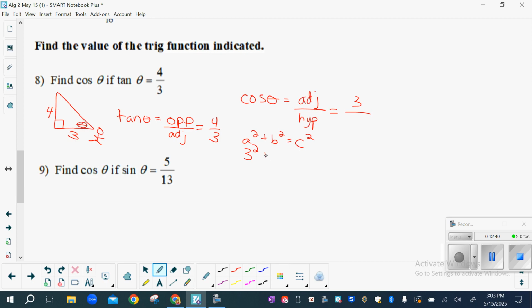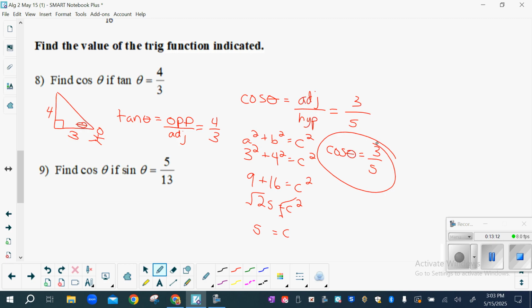So 3 squared plus 4 squared equals c squared. 9 plus 16 is c squared. 25 is c squared. Anybody, what next? Root. And we get c is 5. So our hypotenuse is 5. And so our cosine of theta is 3/5.